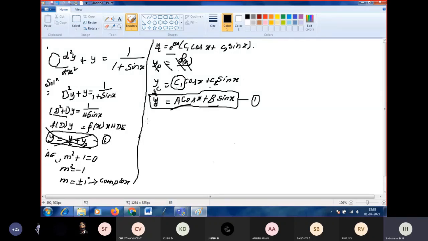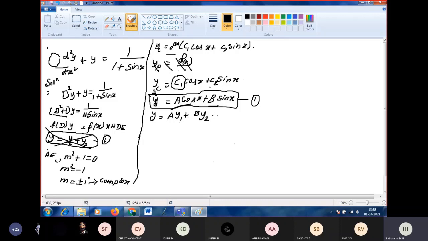For that, we compare this with the general form y is equal to A into y1 plus B into y2. This is the general form of the solution of the differential equation if we have two solutions, y1 and y2.